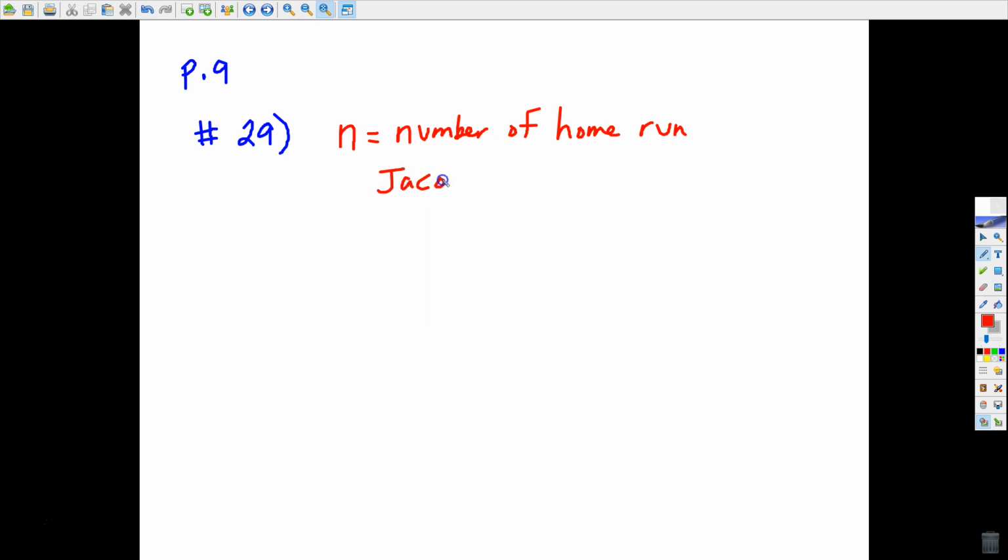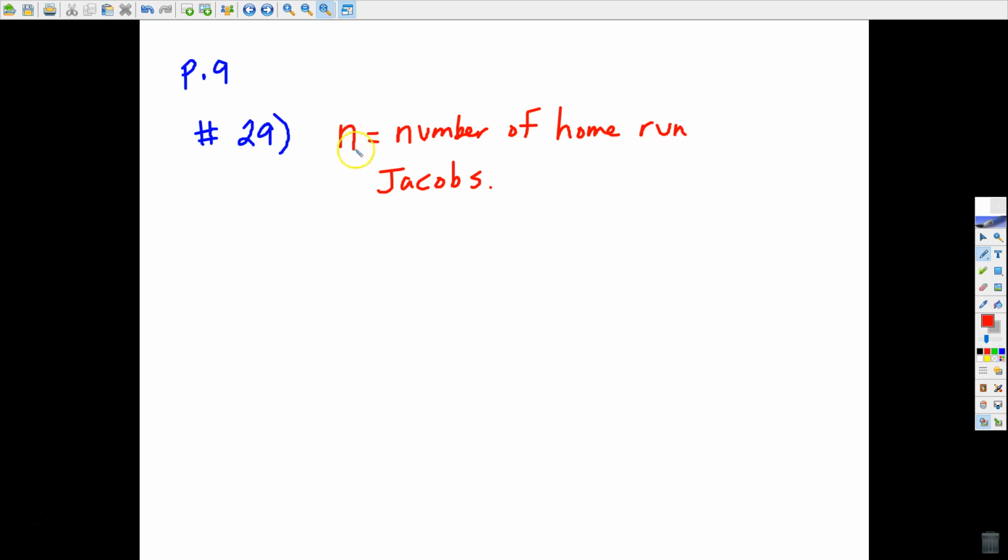Jacobs hit. Now, why did I pick n to represent Jacobs and not Cabrera? Well, we're told in that middle sentence that Cabrera hit 6 more than Jacobs. So remember, in some earlier examples, the way we expressed more than is with addition.